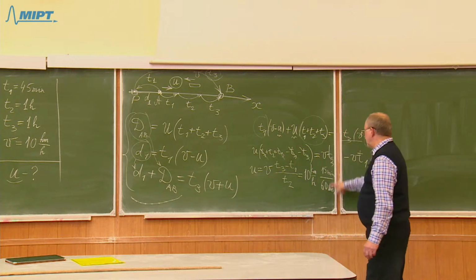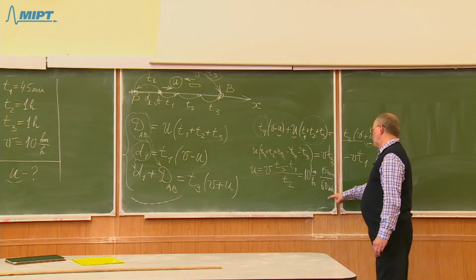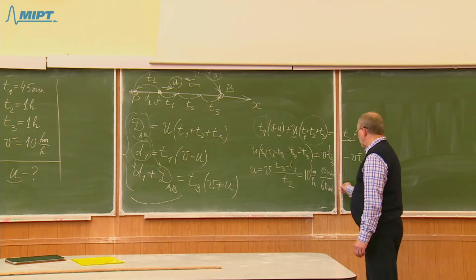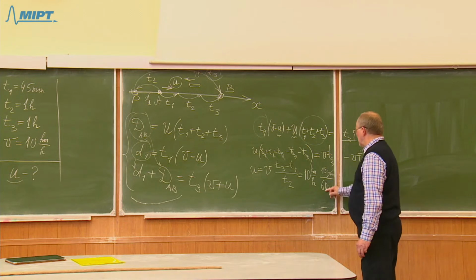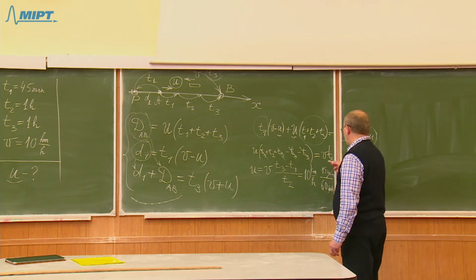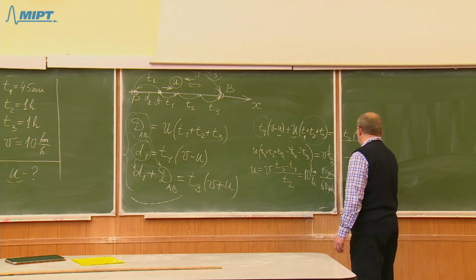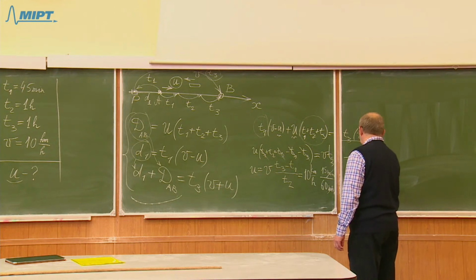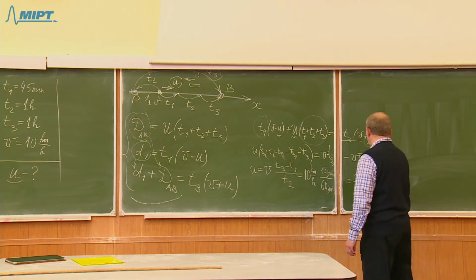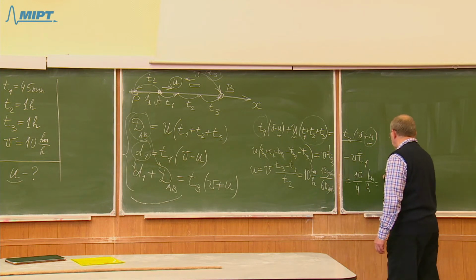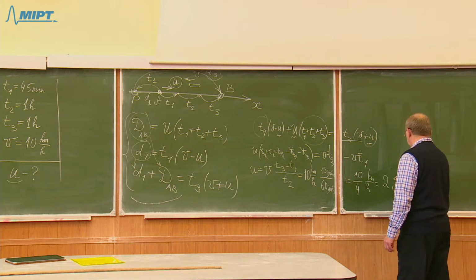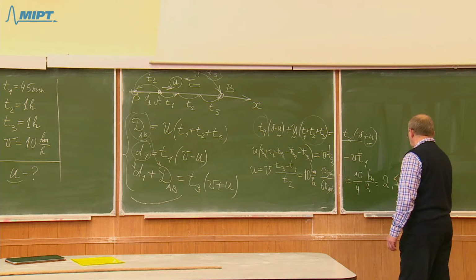It's convenient to have minutes both in the numerator and denominator of this fraction, so that minutes will be easily cancelled, and 15 divided by 60 will be 1 over 4, and so the answer will be 10 divided by 4 kilometers per hour, which is certainly 2.5 kilometers per hour.